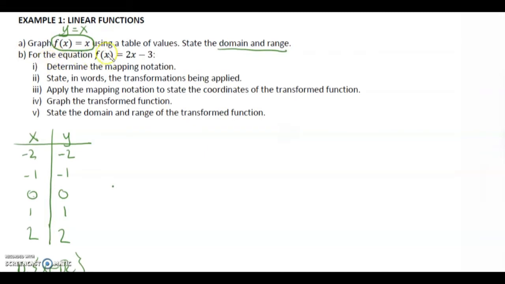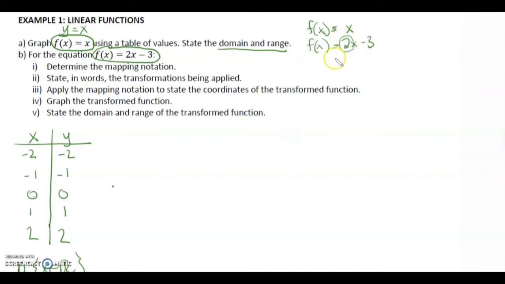Now for B, for the equation f of x equals 2x minus 3, first what we're going to do is determine the mapping notation. So if you remember, f of x equals x, and then our new f of x is going to equal 2x minus 3.